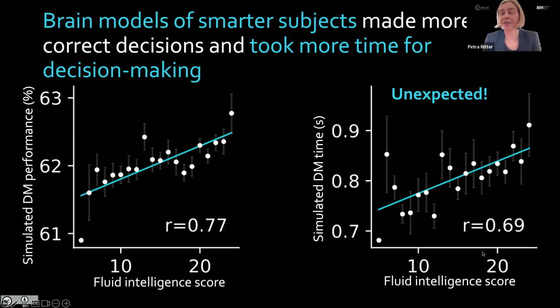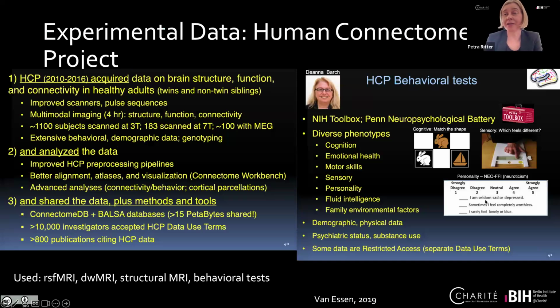The higher the intelligence score, the longer was also the decision-making time, the reaction time. But this time we didn't have the data, so this was unexpected. We were a little bit surprised to see that the more fluid intelligent people took longer in our simulation to produce a response.